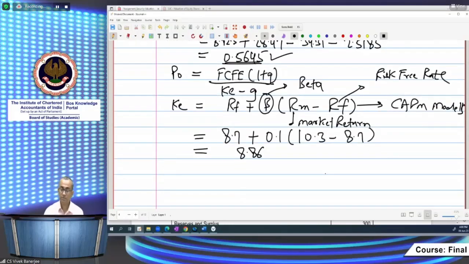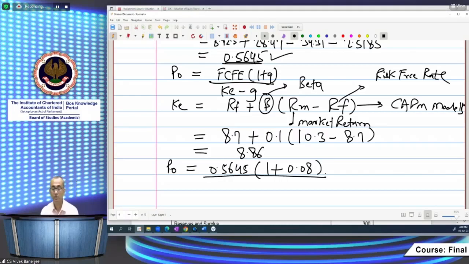Now calculate the P0. You have got all the figures. FCFE, free cash flow to equity, we have already calculated. It is 0.5645 multiplied by 1 plus growth rate. The growth rate is given in the question. It is 8%. KE, the cost of equity, we have just calculated.